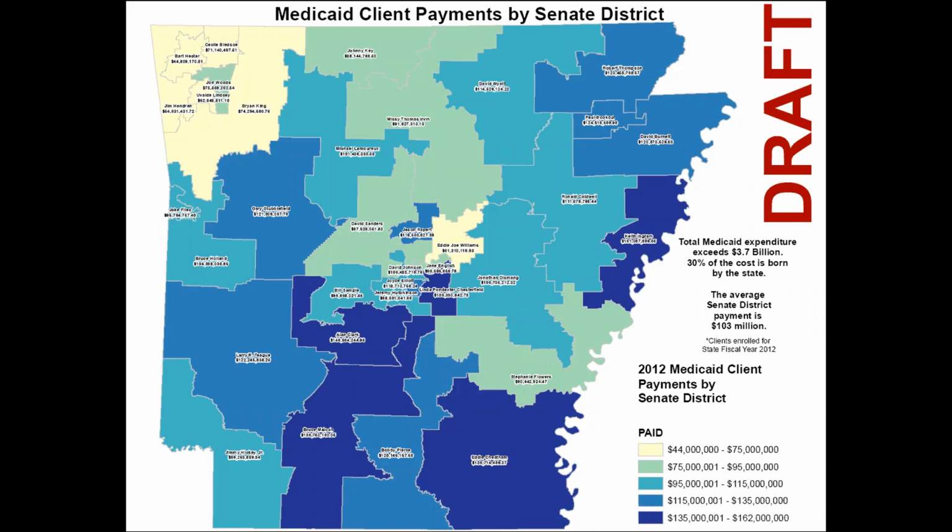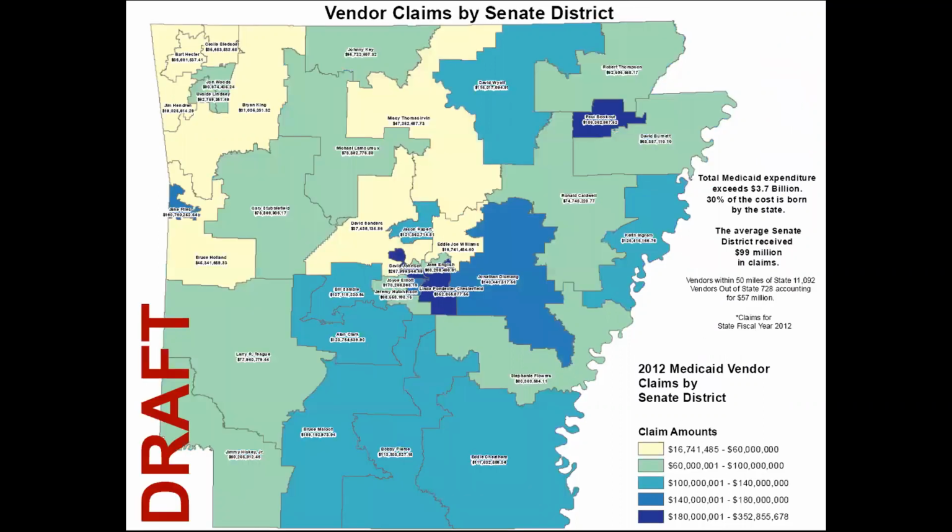Same thing with payments made to clients by the Senate district. And if you cross-reference this with other information, it really starts to tell you a lot more. Again, this level of detail wouldn't have been possible without that address data.